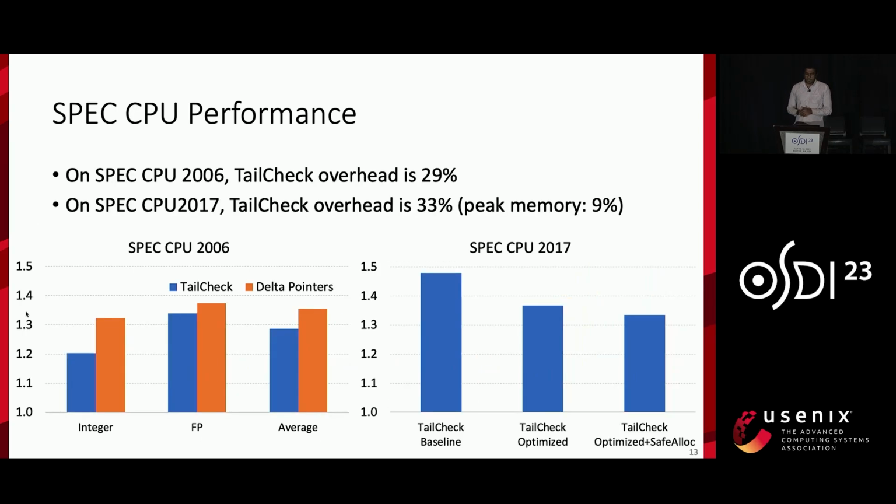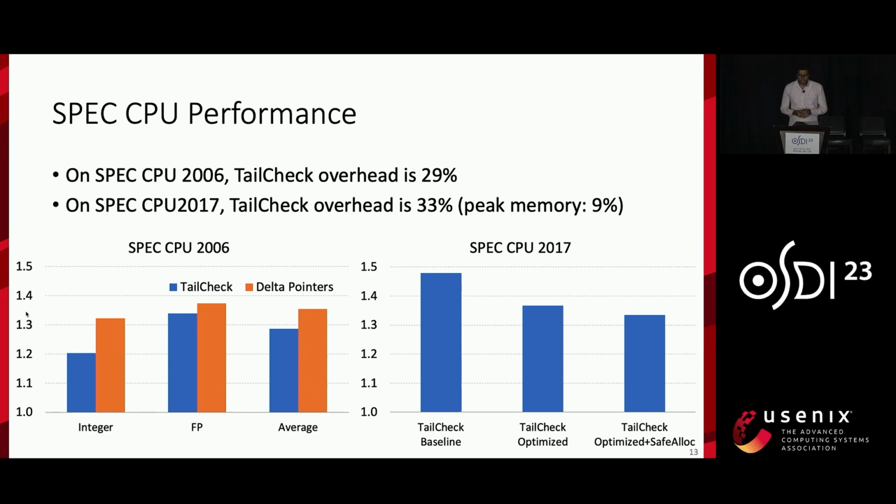Looking at SPEC performance, for SPEC CPU 2006, we compared the performance of TailCheck with Delta Pointers. We see that we perform better than Delta Pointers in SPEC 2006. This is mainly because Delta Pointers have a distance to the end of the object, and they keep updating their tag for every pointer arithmetic.